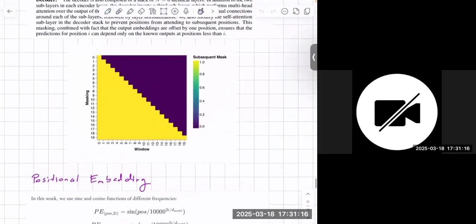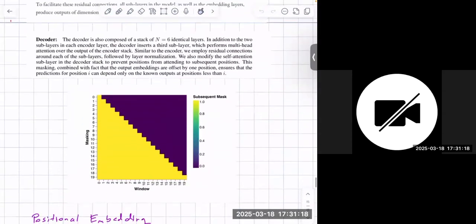Now, in the output, I need to make sure the output, say in the 10th word, only depends on the ones before, not after. And the way to do it is they mask. What does this mean? Output 0 does not depend on anything before. It's just itself. Output 1 only depends on 0 and 1. This is the masked part.